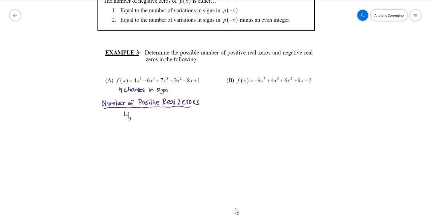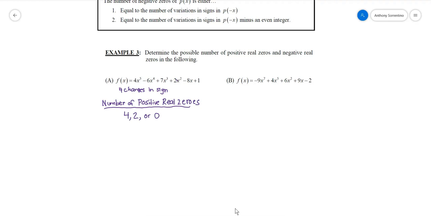So if I subtract 2, I can have 2. If I subtract another 2, or none. So I could either have 4 positive real zeros, 2 positive real zeros, or none. One of these has to be true.